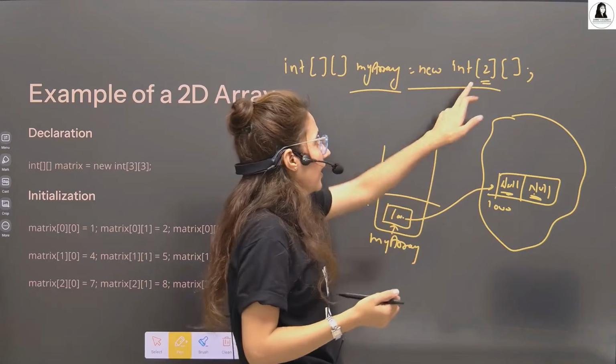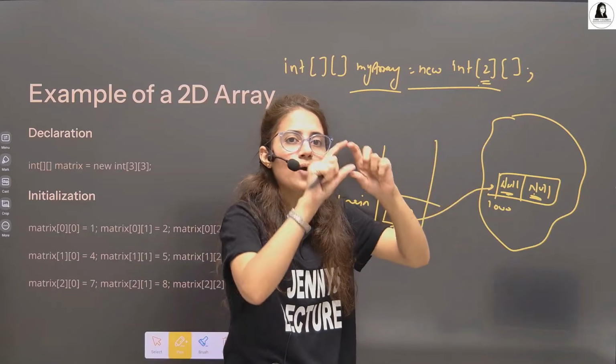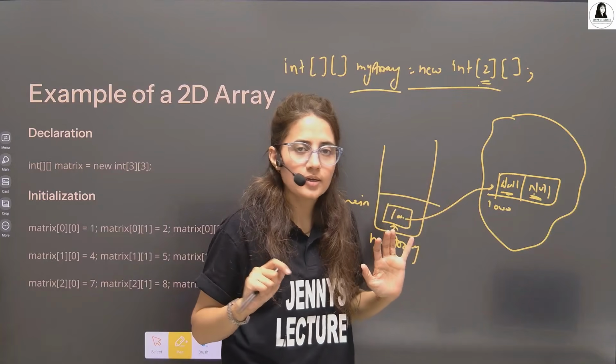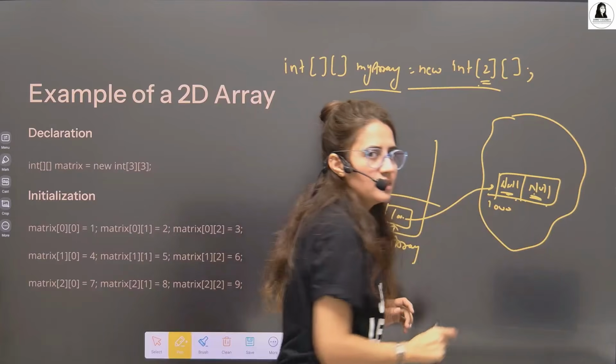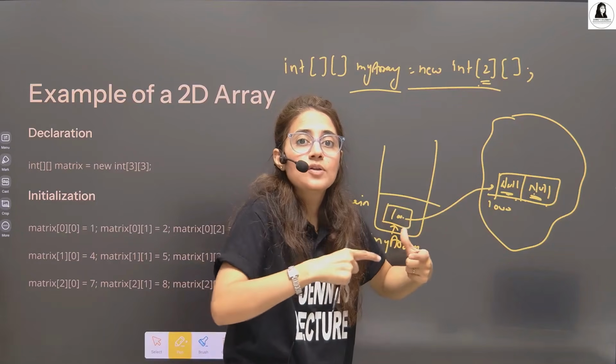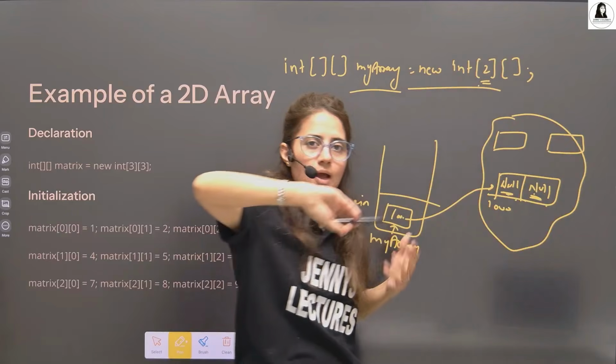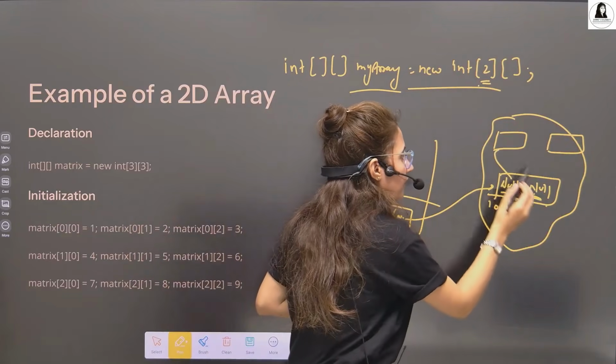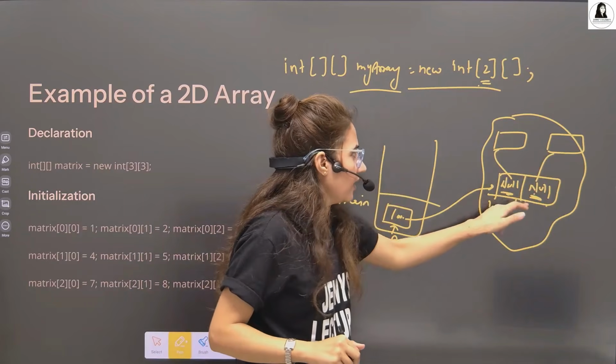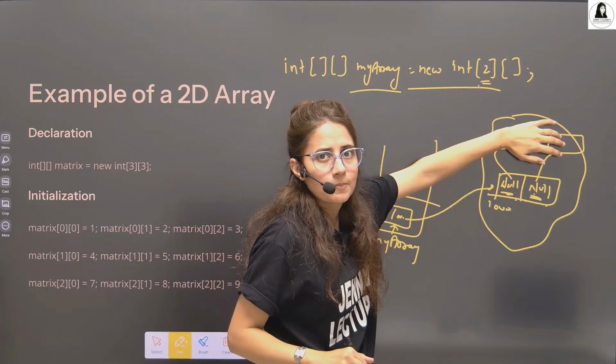We have just declared that there are only 2 rows, means 2 1D arrays within that 2D array. These are not actual 1D arrays; they store the references of actual 1D arrays, which would be created somewhere else, having some columns. This will refer to this, and this will refer to this. But right now, these are null because we haven't created them.